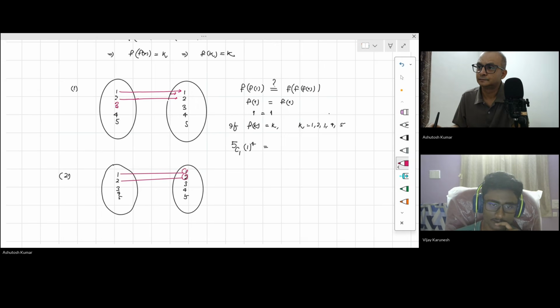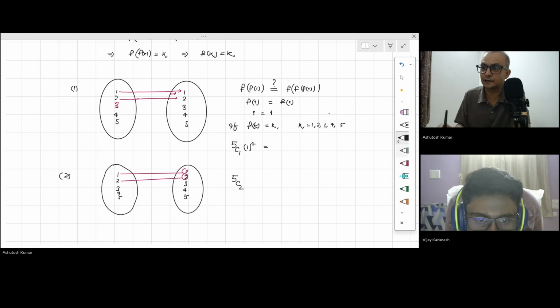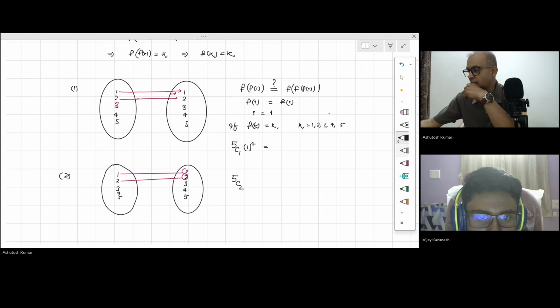Yes or no? So what I'm going to do is 5 choose 2 to get this connection, and the remaining each has how many choices? 2 choices. So 2 to the power of 3.